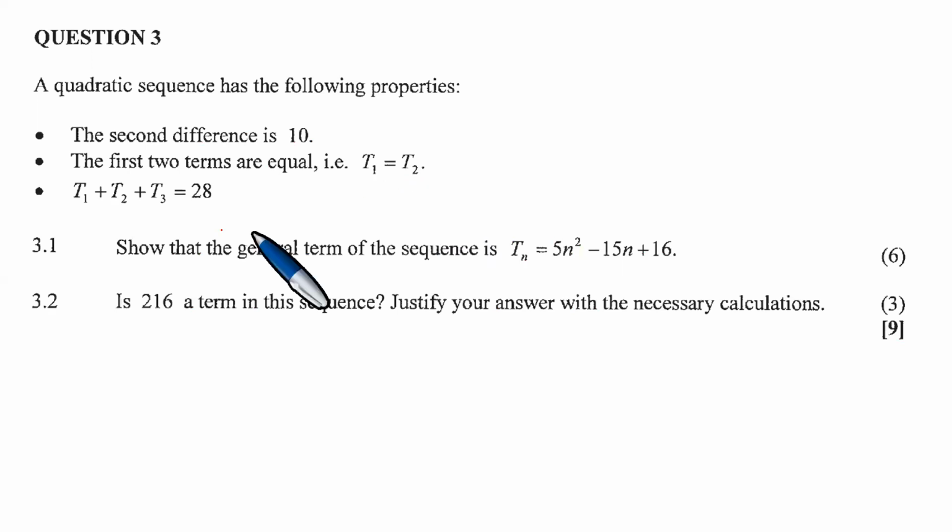Term 1 plus term 2 plus term 3 equals 28. So that the general term of the sequence is Tn equals that. Is 216 a term in this sequence? Justify your answer with the necessary calculations.